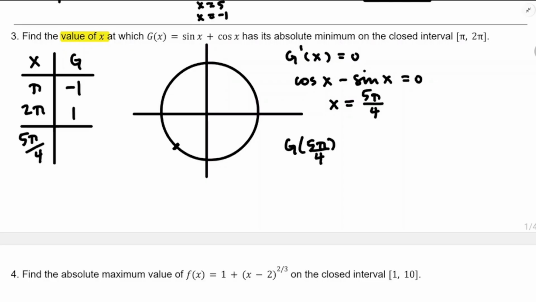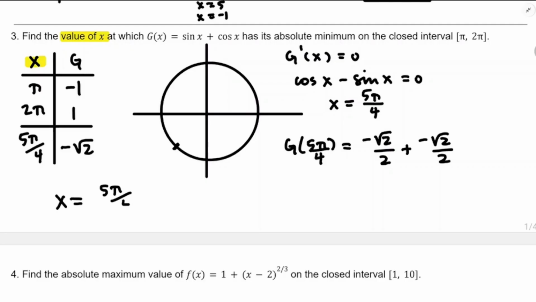Okay, both cosine and sine will be -√2 over 2. So if I add the two halves together, I will get -1 square root of 2, which is going to be more negative than -1. Okay, so I'm going to get x equals 5 pi over 4.